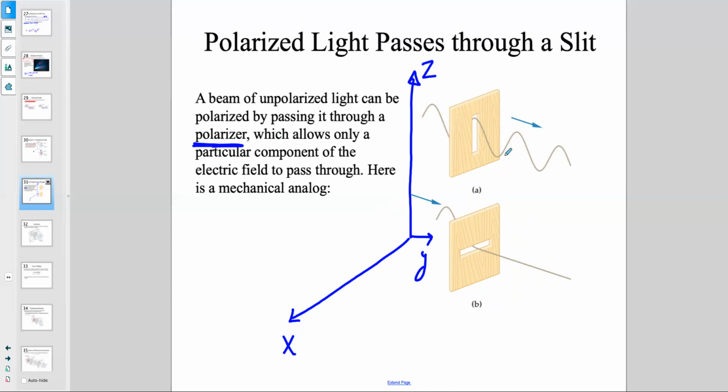So the incoming wave will be polarized along the Z direction. But if I had this polarizer along the X direction, for example, then this incoming electromagnetic wave will not pass.